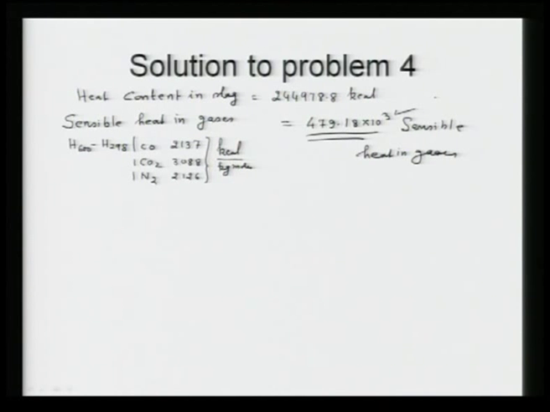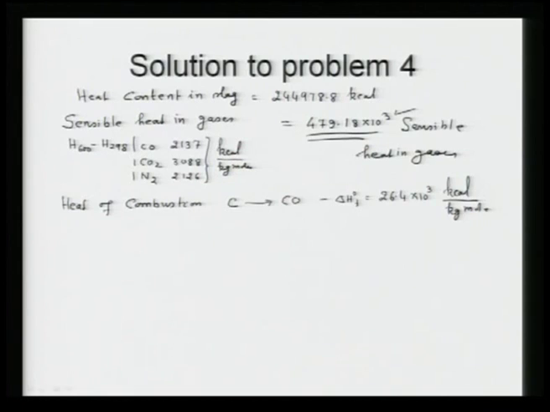Now, heat supply term, for example, heat of combustion of carbon. Say carbon is forming carbon monoxide and minus delta H naught F is equal to 26.4 into 10 to the power 3 kilocalorie per kg mole.